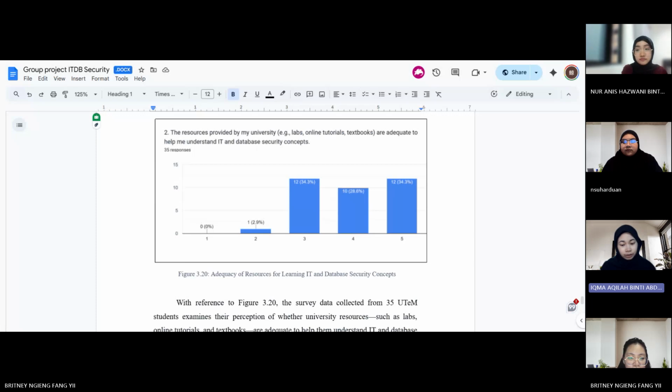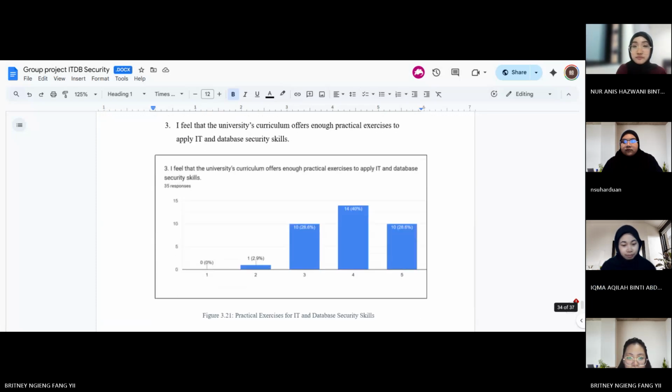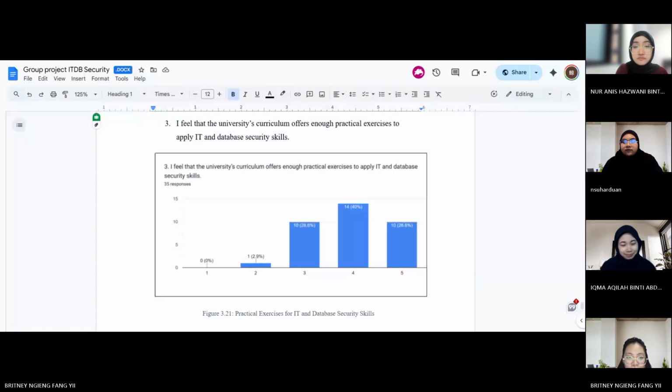For number 3, based on figure 3.21, the survey results assess whether the university curriculum provides sufficient practical exercises for applying IT and database security skills among 35 respondents.